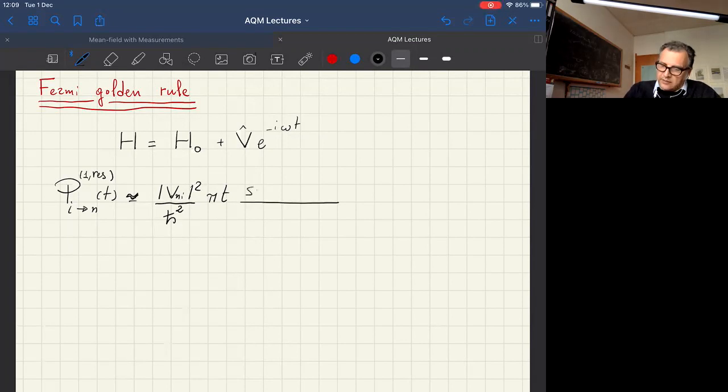Okay, so I just first write it, and then you will see that this is exactly sine squared of (ω_ni minus ω) t over 2, and then I have (ω_ni minus ω) divided by 2 squared. So I put in the numerator and the denominator this πt and πt.